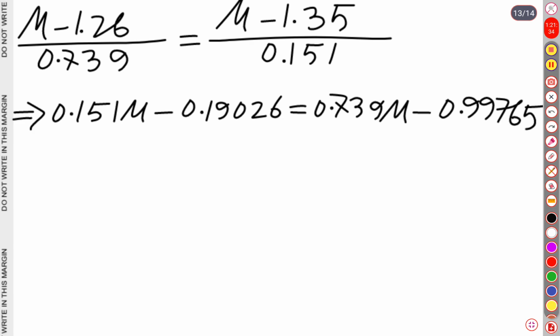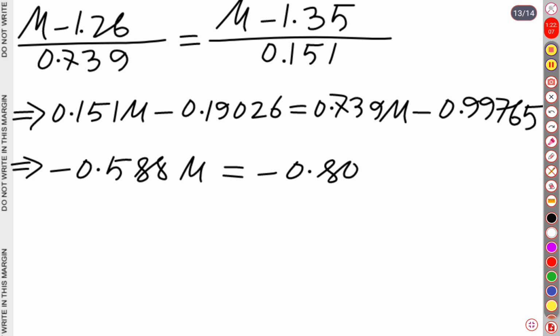So if we subtract the mu, 0.739 minus 0.151 is going to be 0.588 mu, negative 0.588 mu is equal to, here if we subtract 0.19026, we will get minus 0.80739.